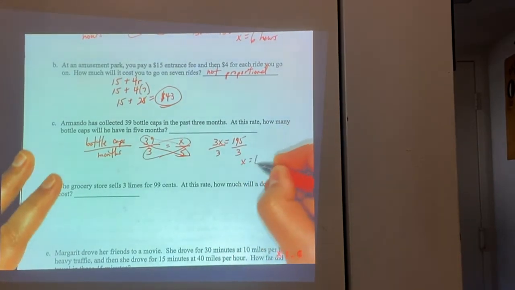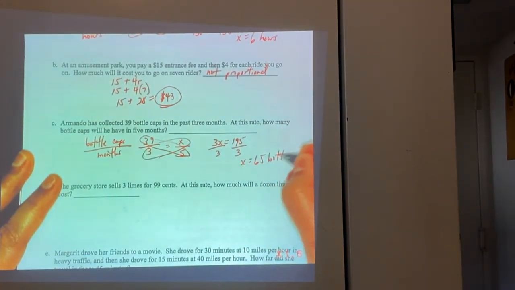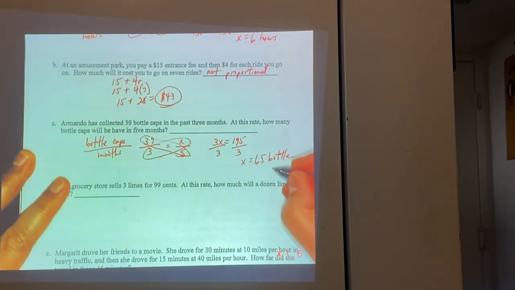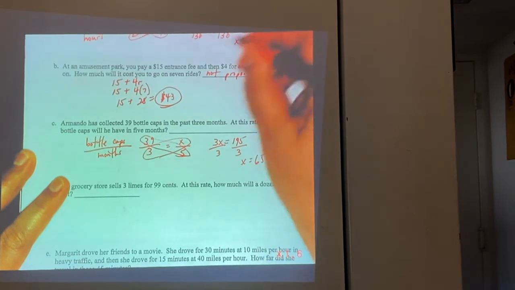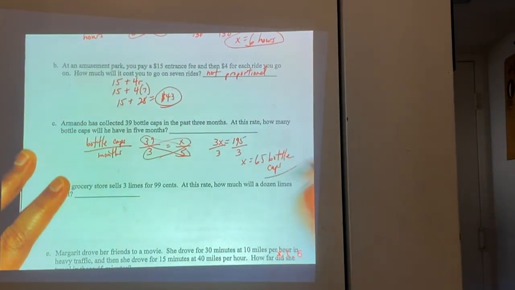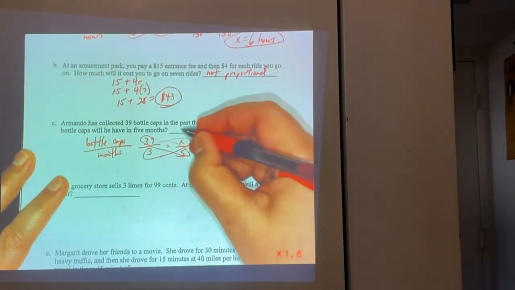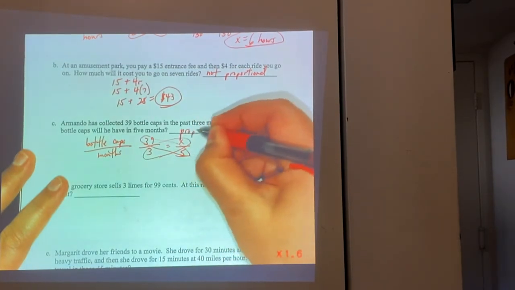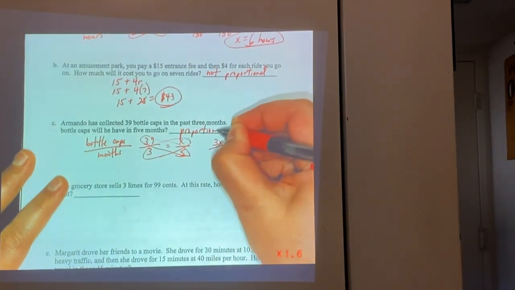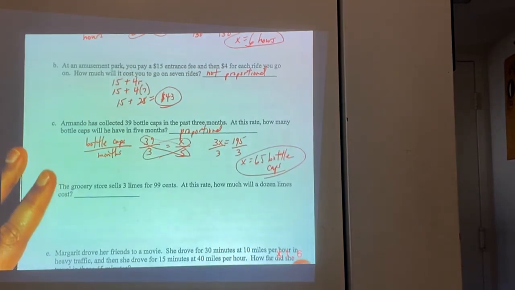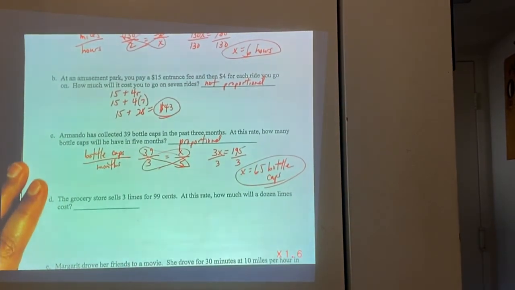X equals 65. Bottle caps. So this one is proportional. And for those of you who didn't see, I went ahead and I circled that 6 hours up there.